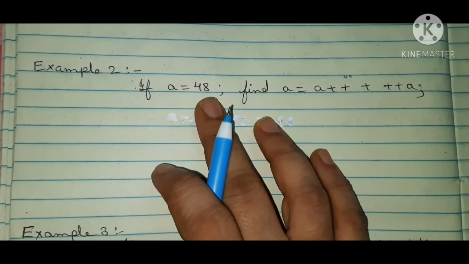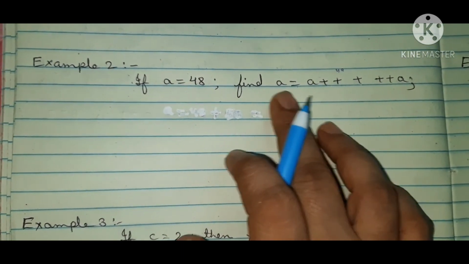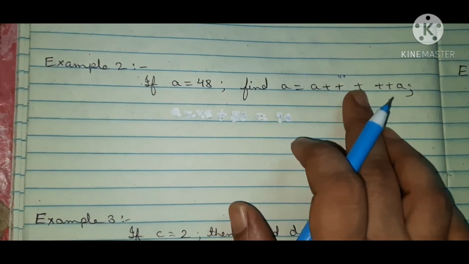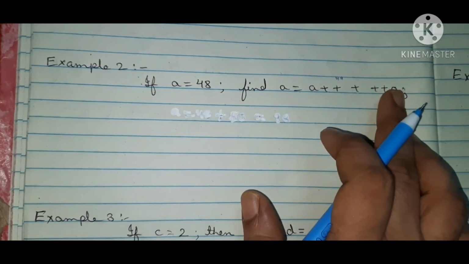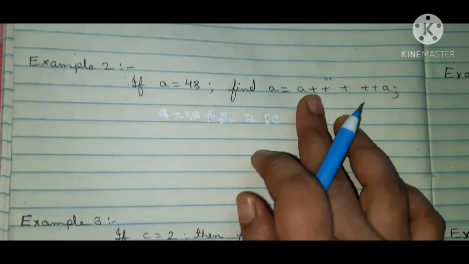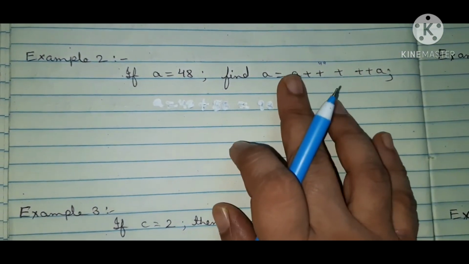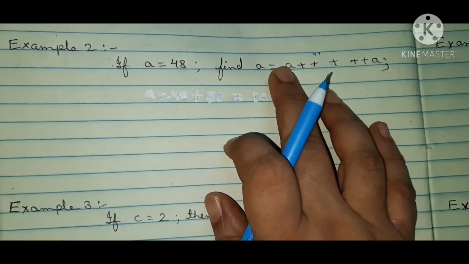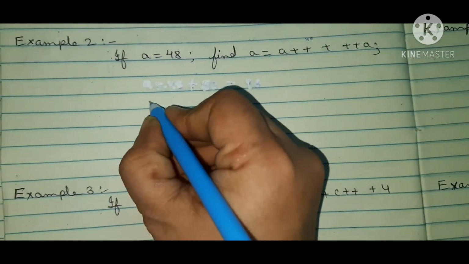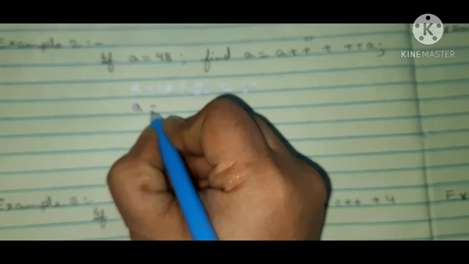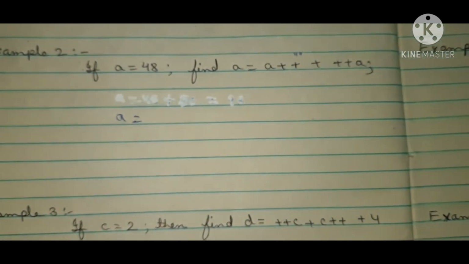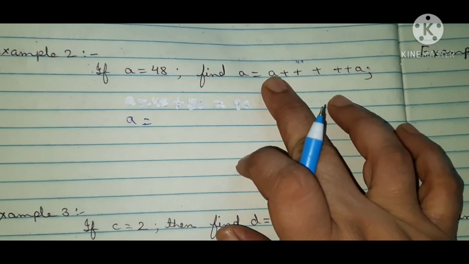Here a equals 48 and find a equals a++ + ++a. So here a++ is postfix and here ++a is prefix. First of all, a equals a++.